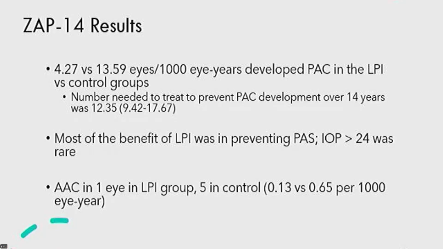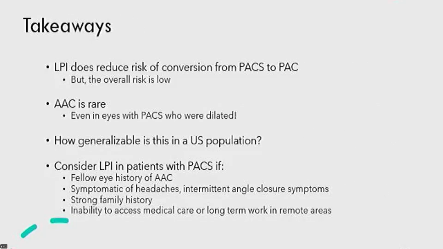Okay, so the big takeaways here: iridotomy does work in preventing the development of primary angle closure. Acute angle closure is rare even in these eyes. Is this generalizable to our populations? And so who are the patients who get iridotomies in my practice if they're suspects? Certainly if they have glaucoma or PAS, we're thinking about iridotomy or even lens extraction.